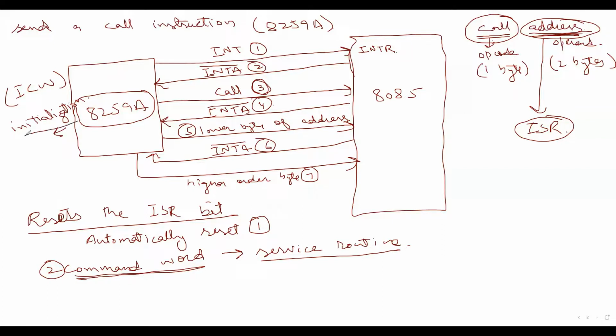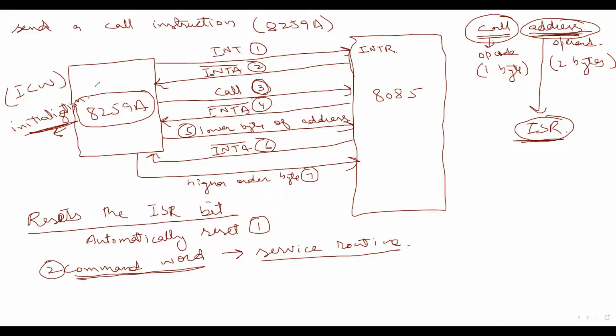And after completing this ISR, my microprocessor will return from this particular ISR and continue its normal execution. Okay, so this is the complete working of 8259A in connection with 8085.